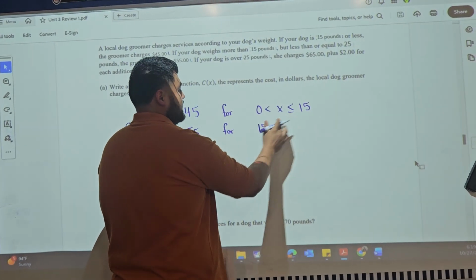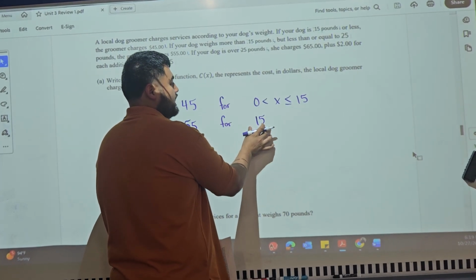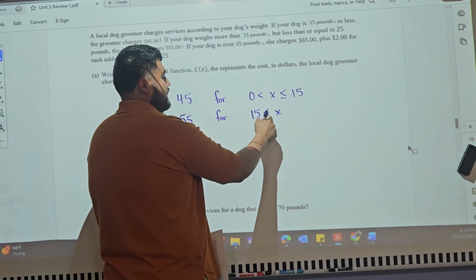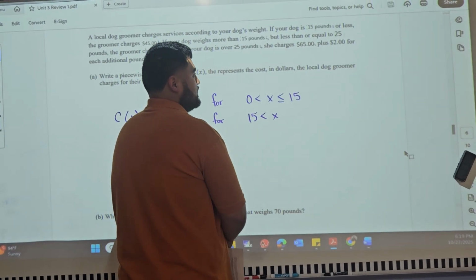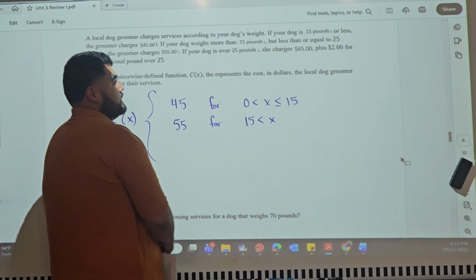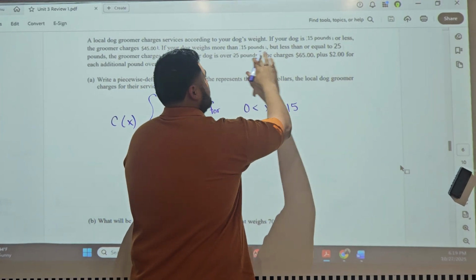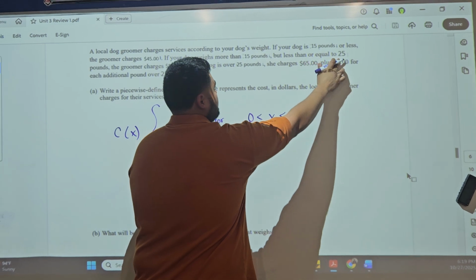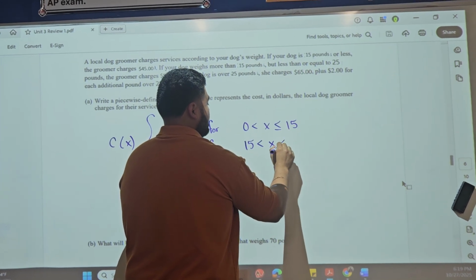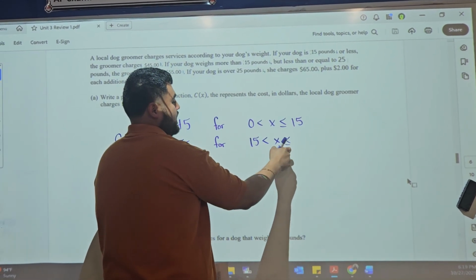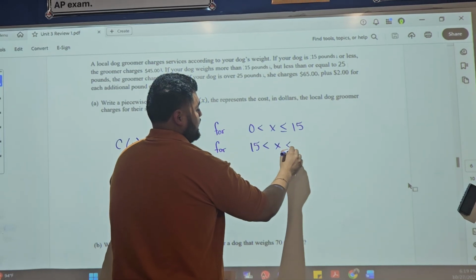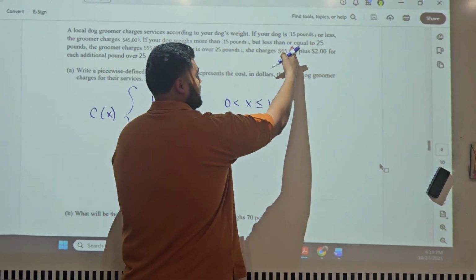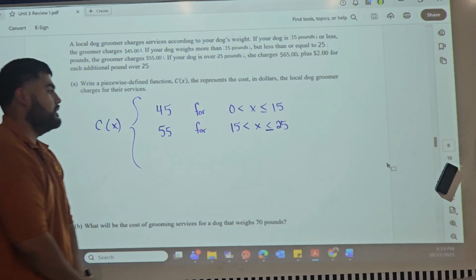So we use this 15 again, but here we're not including it, so no equal sign in the bottom of this inequality. More than 15 pounds, but less than or equal to 25. So again, copy, paste. But here we do include the 25 because it says equal to 25.